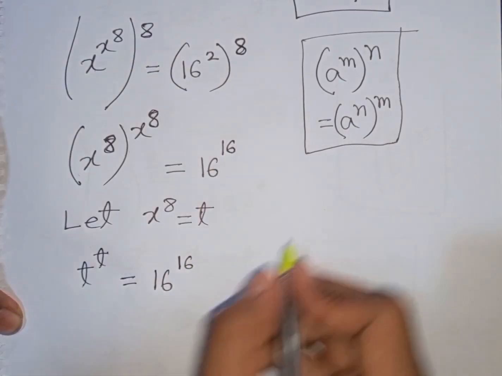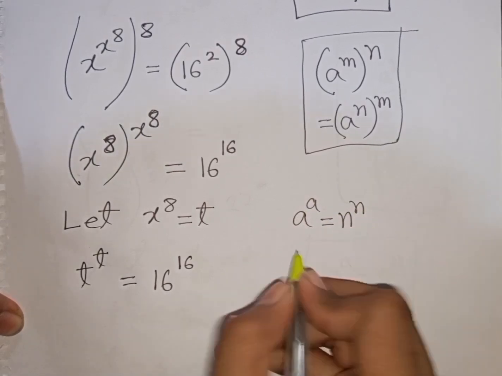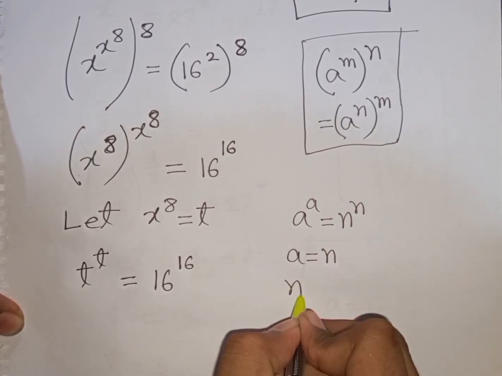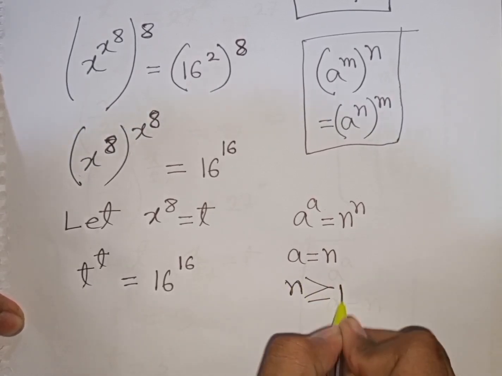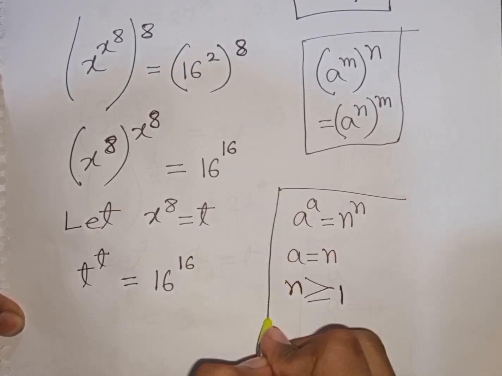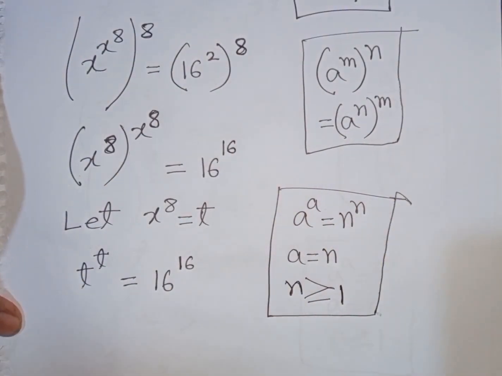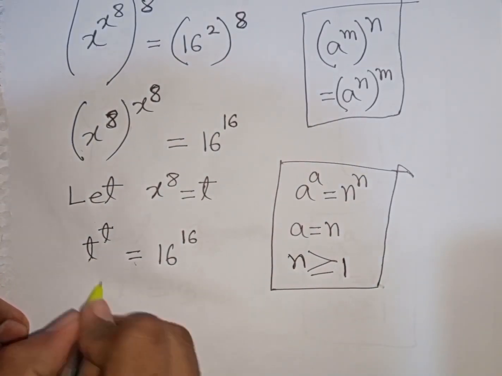Now here I can apply the rule that a^a is equal to n^n, so a will be equal to n, where n is greater than or equal to 1. So according to this rule I can compare here. t will be equal to 16.